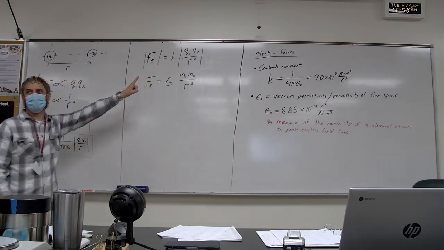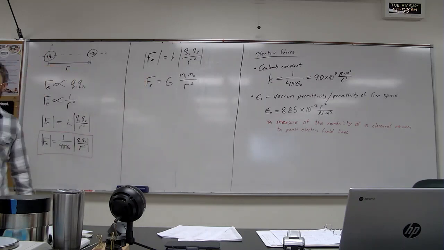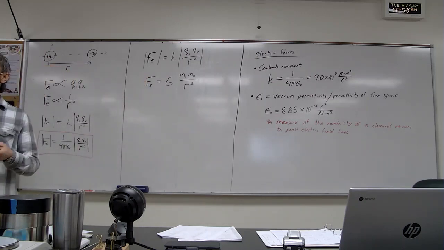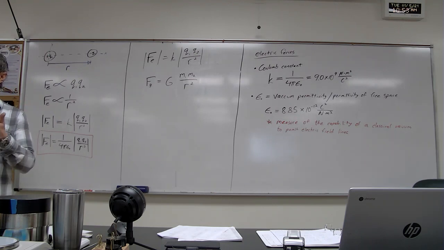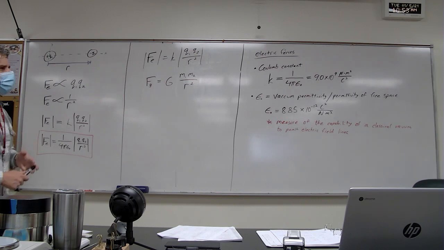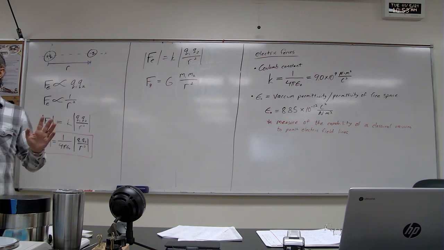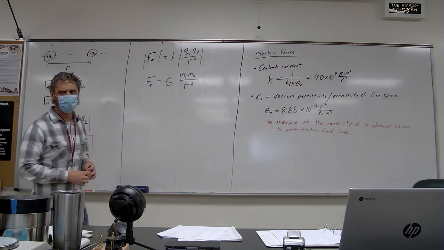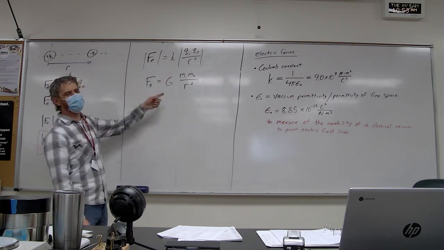That number is 9 times 10 to the 9th. So pound for pound, the electric force is a billion million times stronger. I think that's what it was. Maybe a million billion. I don't know. But it's significantly stronger than the gravitational force.